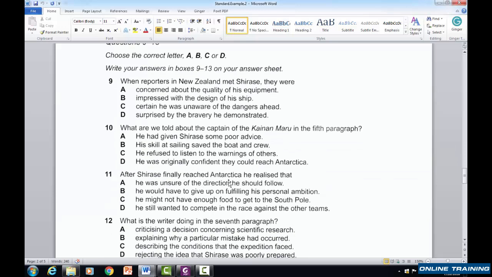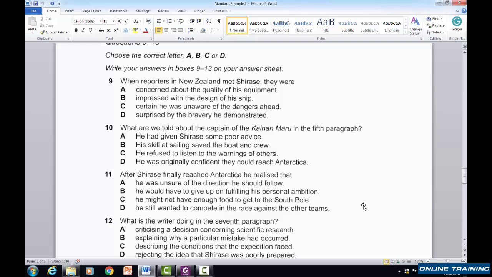He was unsure of the direction? No, he wasn't unsure. He decided where he was going to go. He would have to give up? No, it didn't say he would give up. It said he was going to go and brave the hardships. He might not have enough food? That's our answer right there, C, because it said he only had enough food for 20 days.